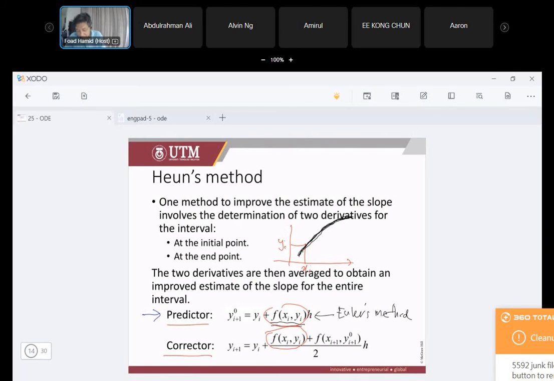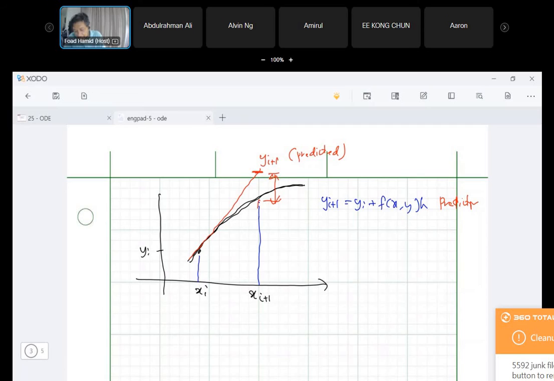And what about this one here? Note that this is the slope at the new point, which is xi+1. So the next thing to do is to find the slope at the predicted value.